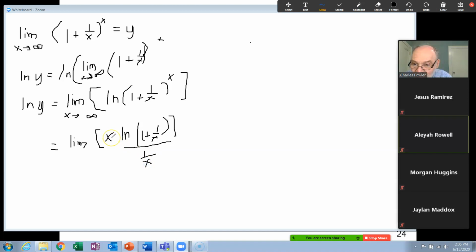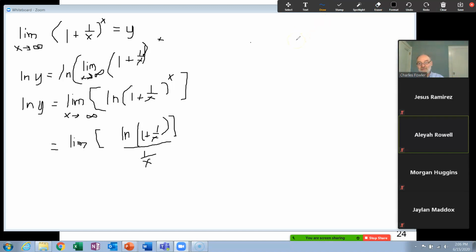I'm rewriting x up here as 1 over x, because 1 divided by 1 over x, if you invert the 1 over x, that's just x. So we basically wiped it out up here. So this is the form.